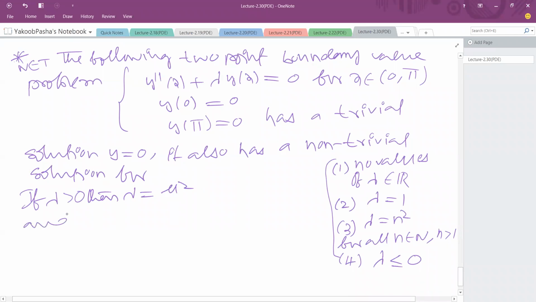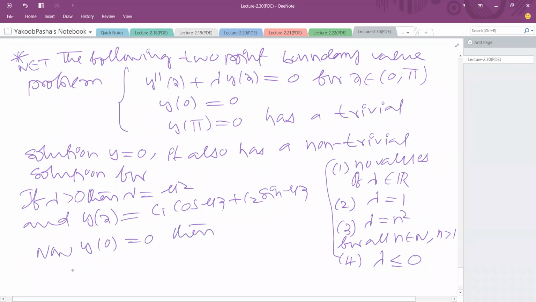And directly I am writing this solution, every time the same, so directly I am writing C1 cos mu x plus C2 sin mu x. Okay. Now apply the boundary conditions. First, one by one. Y of 0 is equal to 0.